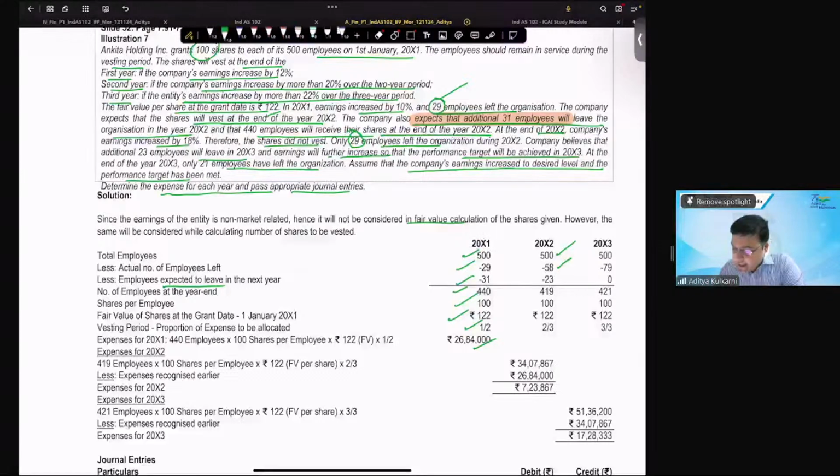Yes or no? 29 plus 29, 58. Are you okay with this? Alternatively, what you can do is 500 minus 29. This comes to how much? 471. And from here, I can reduce 29. You can do it this way also. No harm. The answer will be the same.